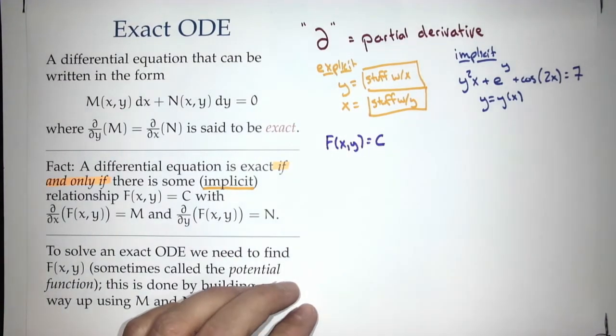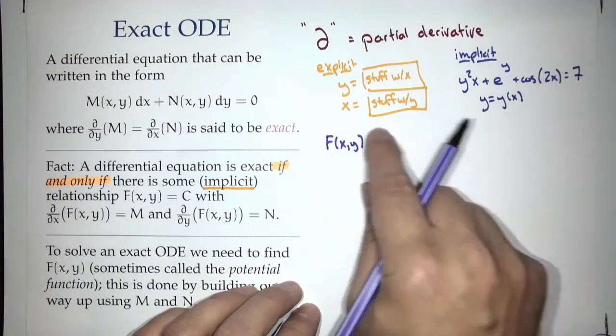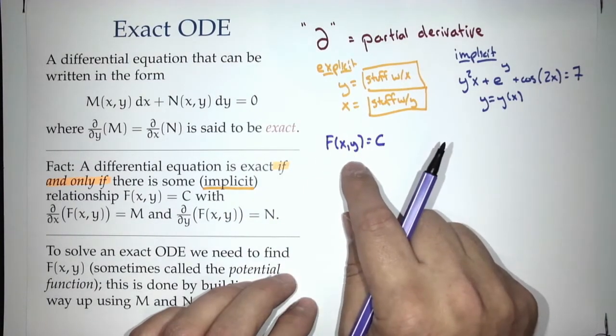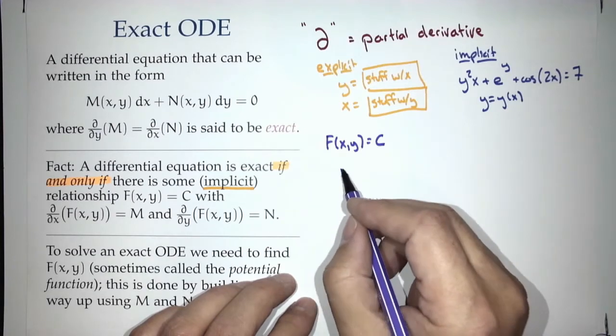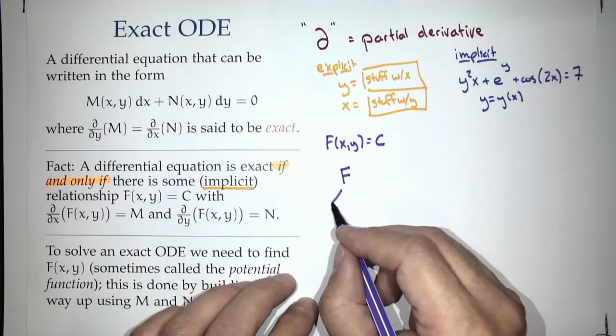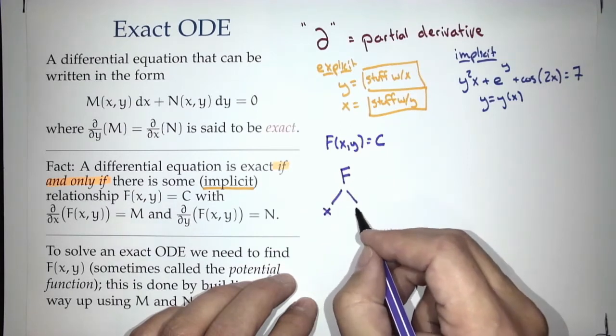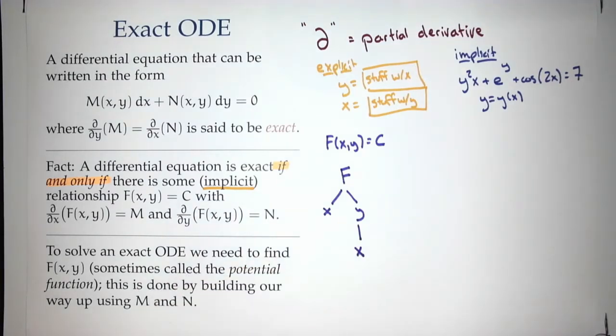In other words, y depends on x, we just don't know how. But because we have this relationship, we know that there's something going on. So I can think of there being a variable tree. In other words, how do things depend on each other? I can say, well, look, the function depends on two inputs, x and y, and y depends on this input called x.